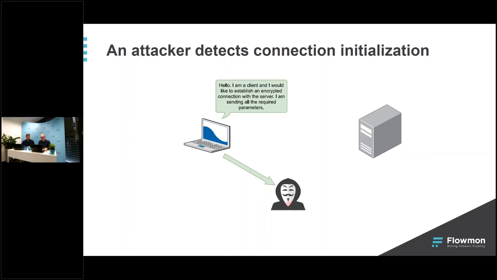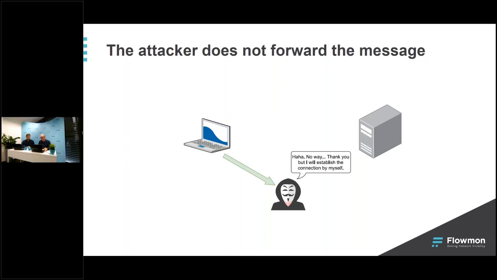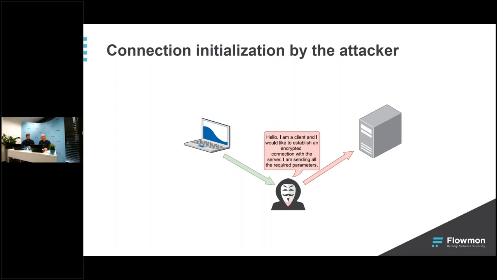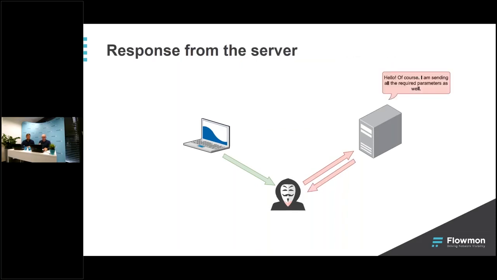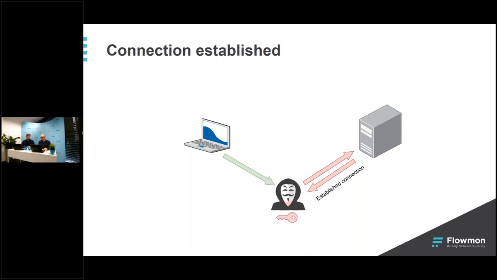What the attacker basically does is not forward the packet to the legitimate server, but instead establish the connection by himself. He pretends to the server that he's a legitimate client and establishes a connection with it. The attacker communicates with the server, the server responds, and as a result, they both share a key for encrypting and decrypting the traffic.